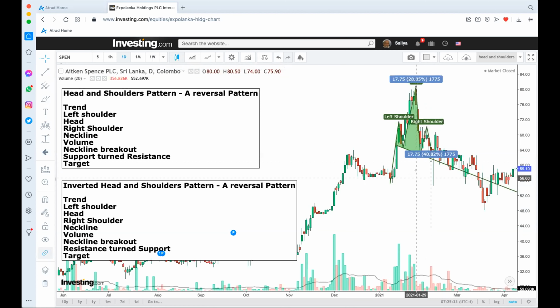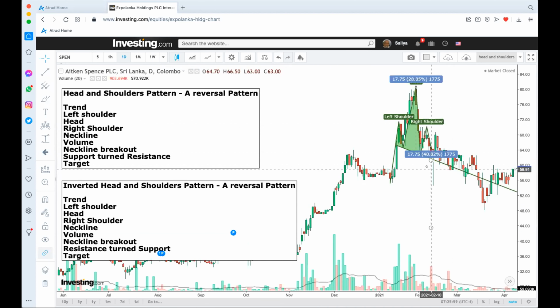What happens is it comes down, breaking that neckline, but then again closes above the neckline. So we can, if you want, keep it like that. In my case, I would prefer to wait for a confirmation, especially on a closing basis. You have this closing basis, you have this, right?